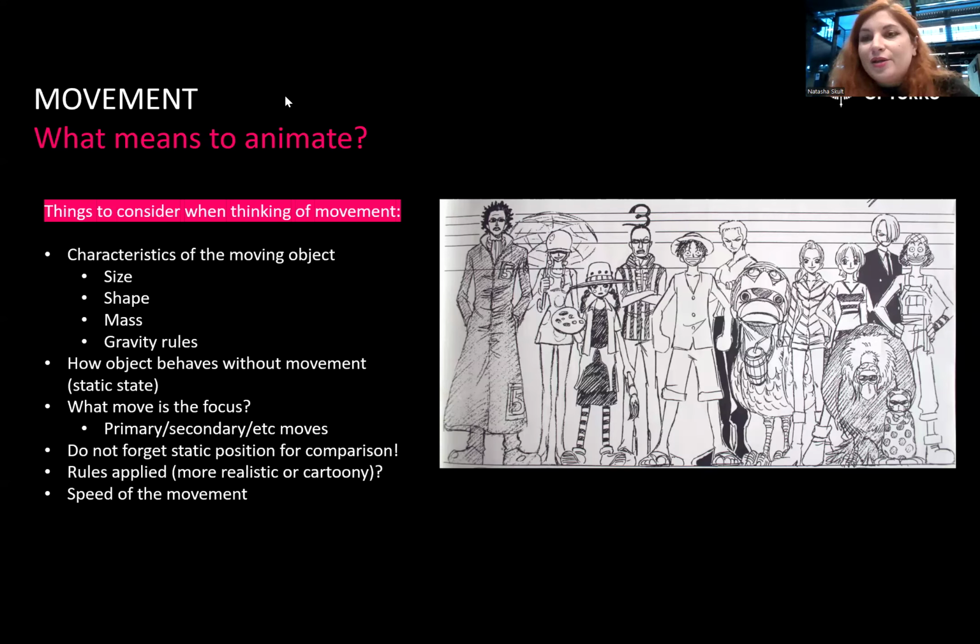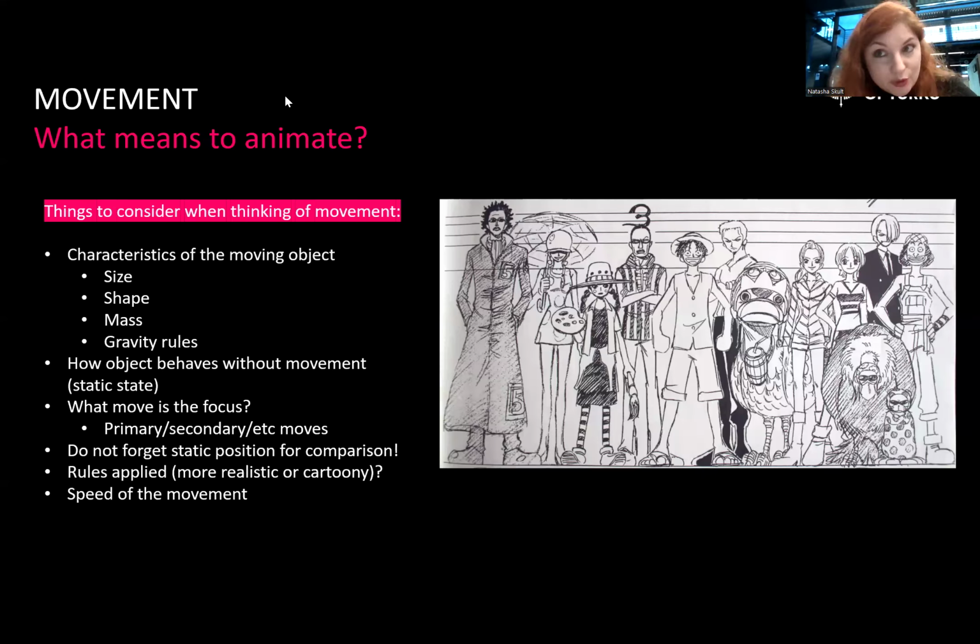So basically, after observation of the situation, something else happens. That's very common, breaking the rules of the real world. This is what we call cartoon rules. And then we have the speed of movement.